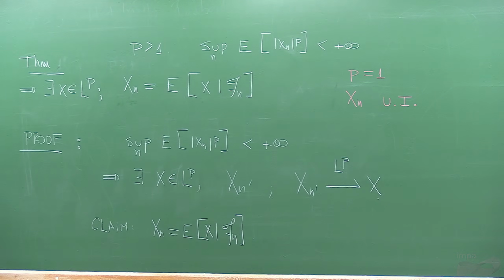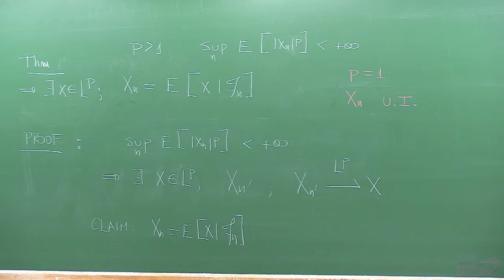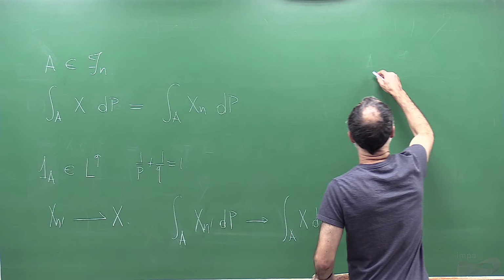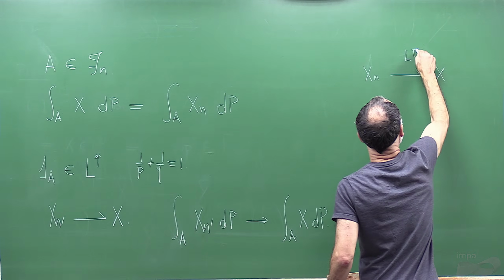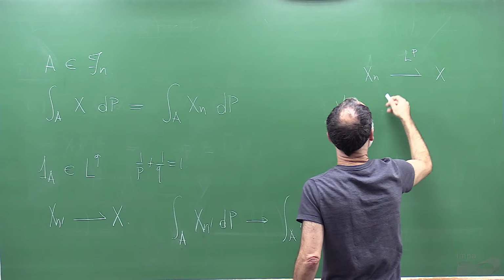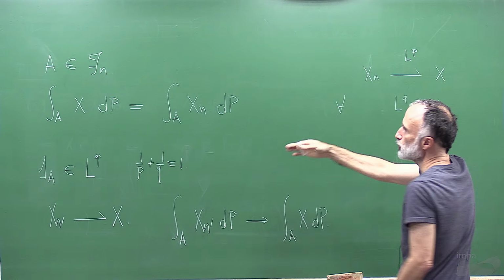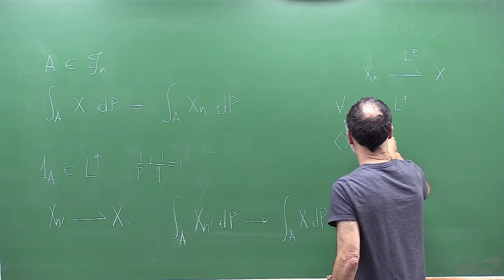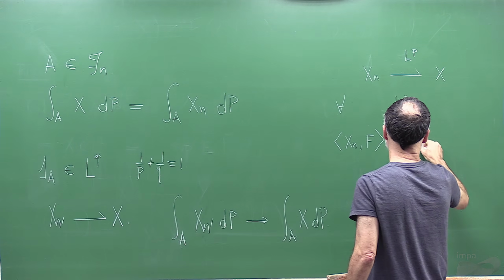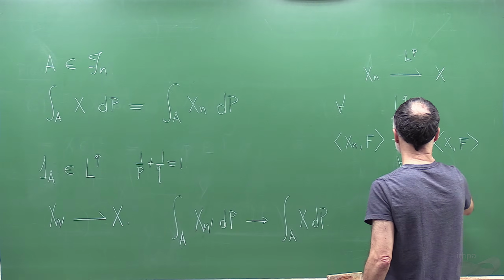I know what convergence in LP is, but what's weak convergence? Well, I would say that xn converges weakly to x in LP if, taking the dual space of LP, which is LQ, for Q given by that, xn f converges to x f for any f in LQ.